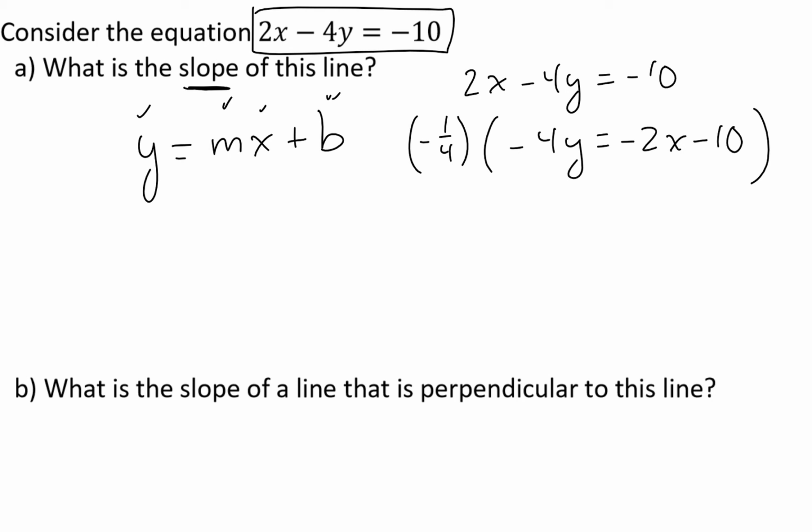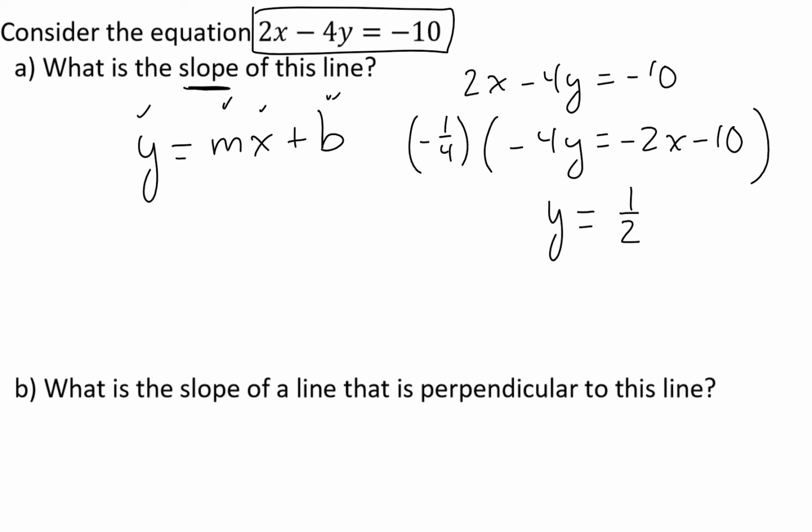When I get a factor of negative 1/4 on the left-hand side, negative 1/4 times negative 4 equals 1. So I have just 1y. On the other side, I have negative 1/4 times negative 2. So I know it's going to become positive. I can write it as 2/4, and 2/4 of course reduces to 1/2.